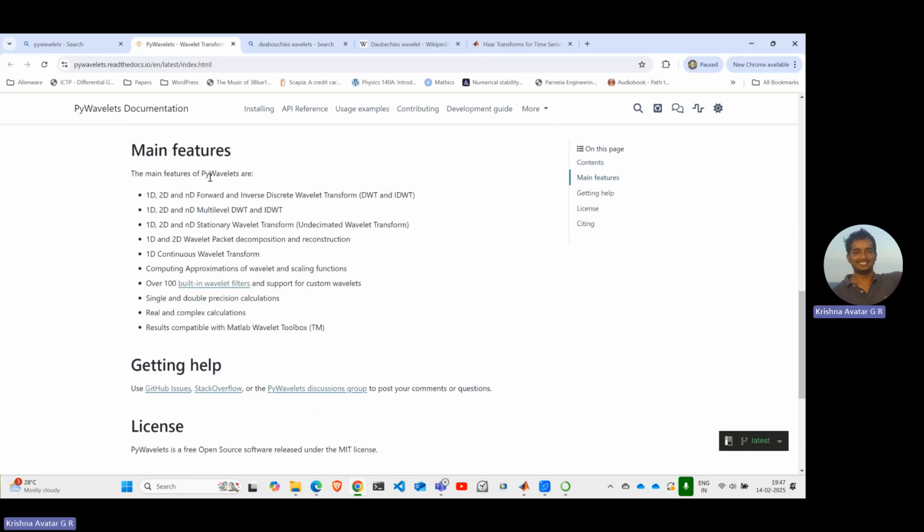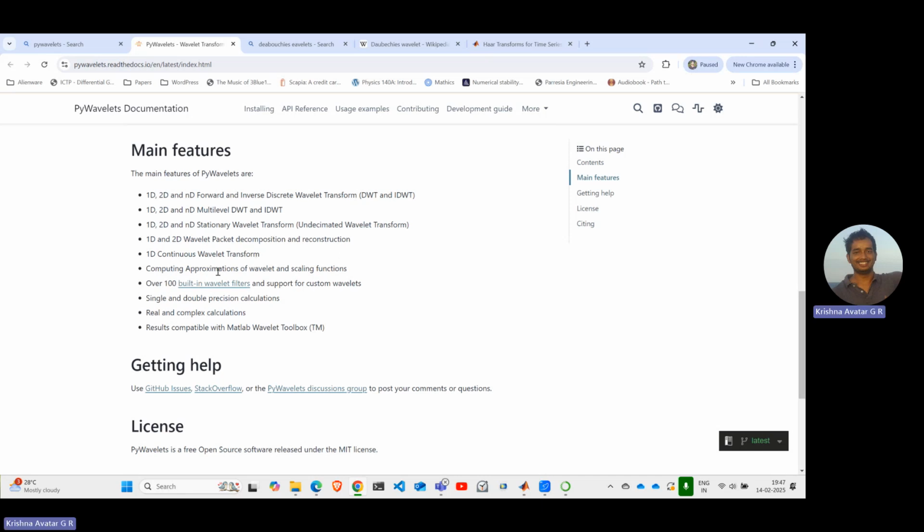Some of the features of the PyWavelets package: you can do 1D, 2D, and ND forward and inverse discrete wavelet transform. Here we can also perform multi-level DWT. We can also perform the stationary wavelet transform, the undecimated version of it. And we have 1D and 2D wavelet packet decomposition and reconstruction.